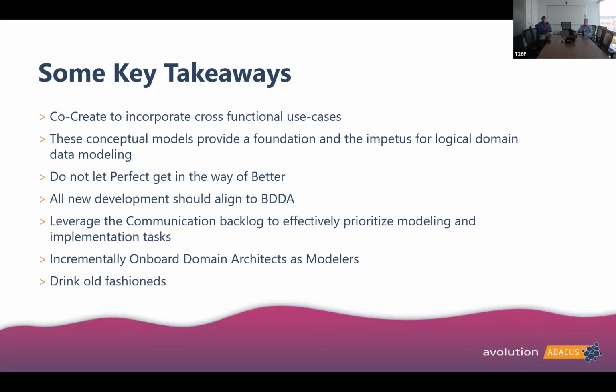We also saw that leveraging our communications backlog, because it's so integral within an enterprise, helped us prioritize modeling and implementation tasks, right? So some things that we've been doing is my team going to Brian and saying, hey, next quarter, we're looking to get these types of communication onboarded into our communications factory. But we see a gap that these four different domain areas are not modeled yet.